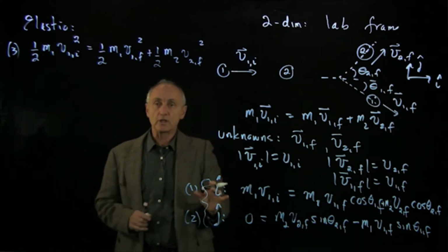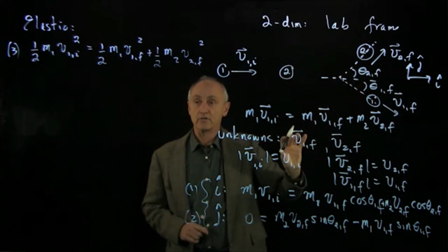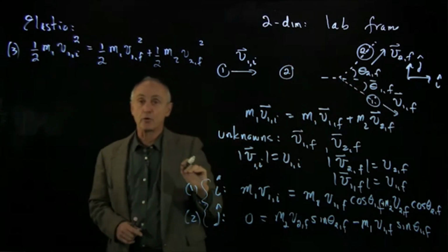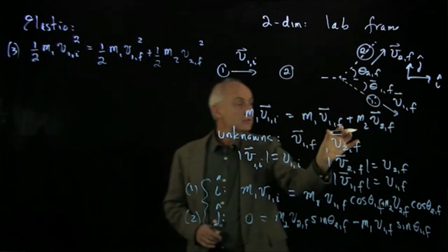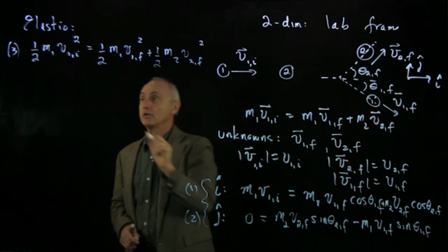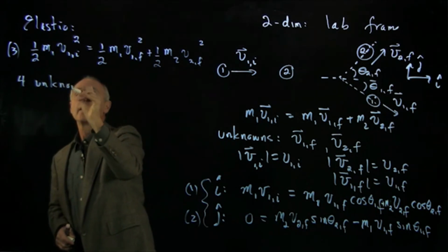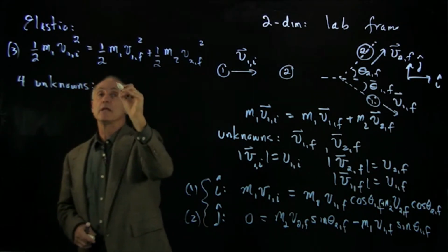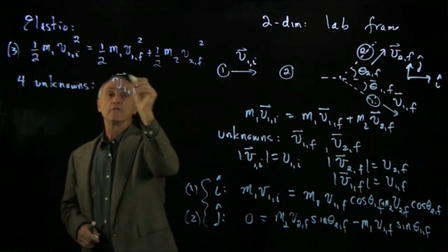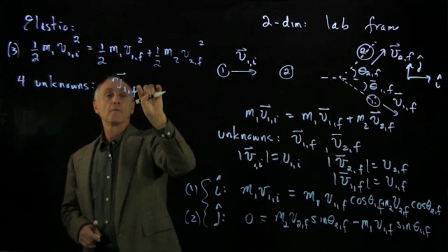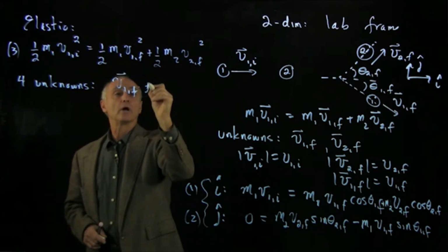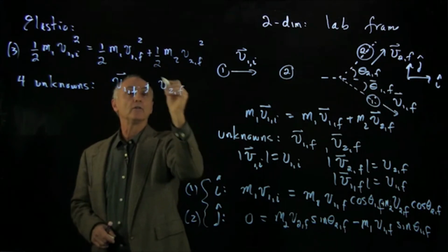Now, it's very important to realize which quantities are given and which we need to solve for. So in this problem, because the two outcoming velocities are unknowns, we have 4 unknowns. Those unknowns can be written in terms of the two final velocity vectors, v1 final and v2 final.